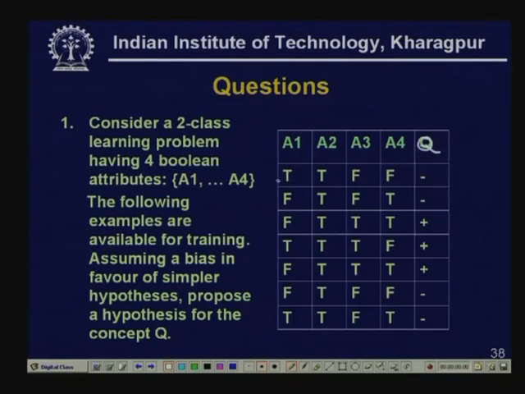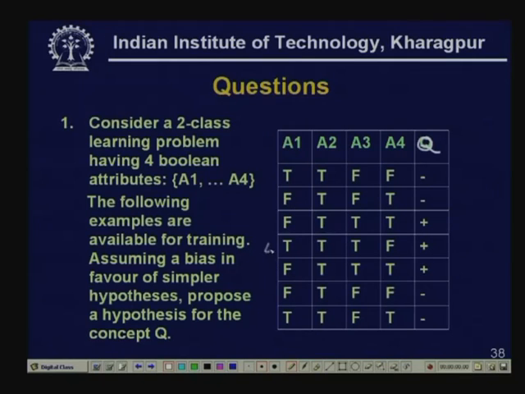The training data are, please note down: first example true, true, false, false, it is negative. The second example is A1 false, A2 true, then false, true, its class is negative. Third example, false, true, true, true, class positive.